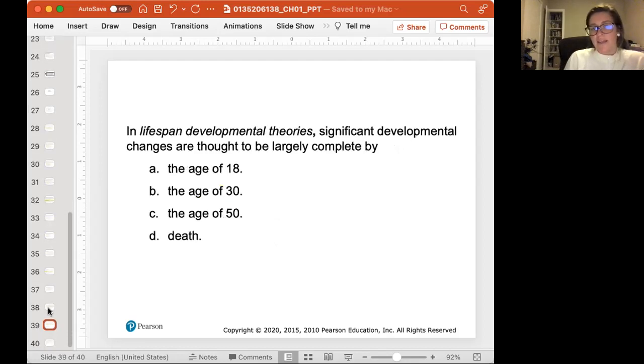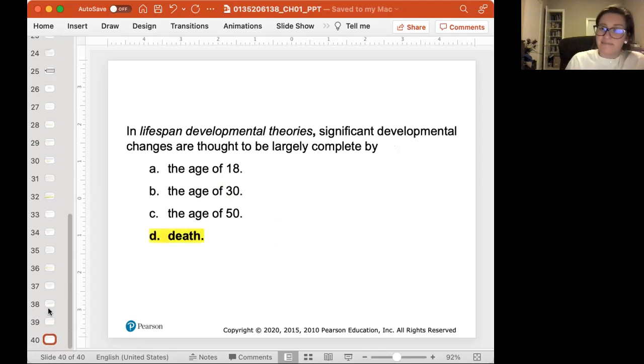And last one, in lifespan developmental theories, significant developmental changes are thought to be largely complete by age 18, 30, 50, or death. Death, right? Because you've gone through all these different things.